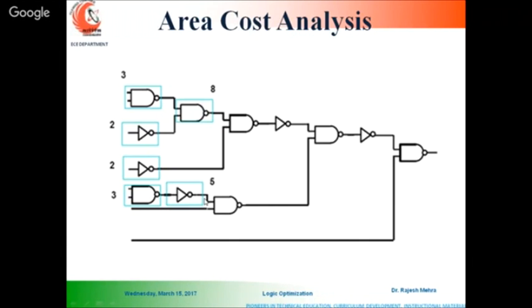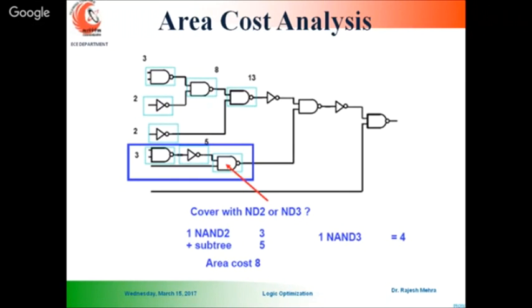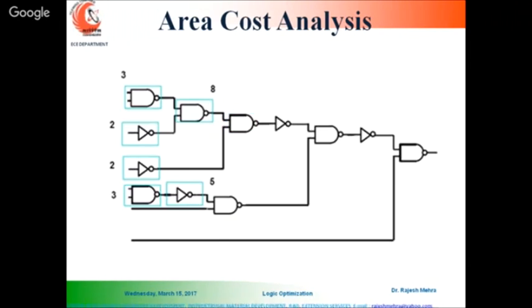So write down the cost at each and every point when we are moving from left to right. Then next, because up to this point there is no option, you can't choose anything.